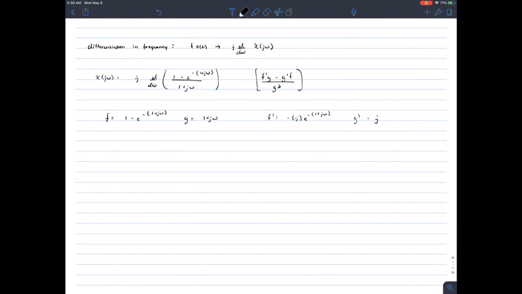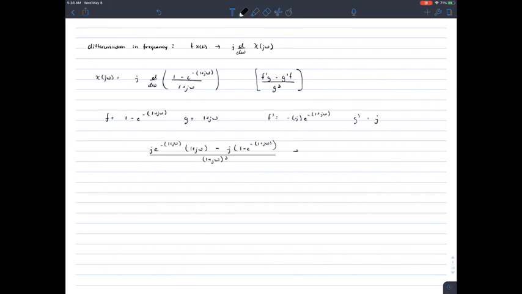Okay, so then let's put all this together. So f prime, which is going to be positive j, so it would be j e to the negative (1 plus j omega), times g, which is 1 plus j omega, minus g prime, which is j, times f, which is 1 minus e to the minus (1 plus j omega), and all divided by g squared, which is going to be (1 plus j omega) squared. Okay?